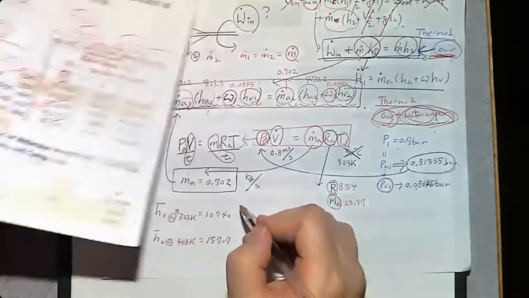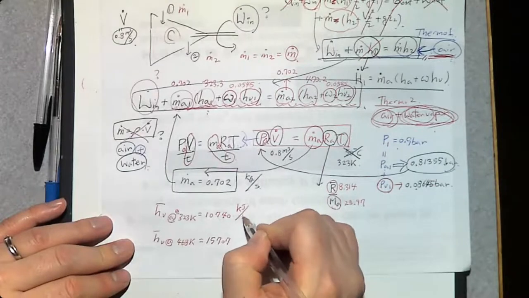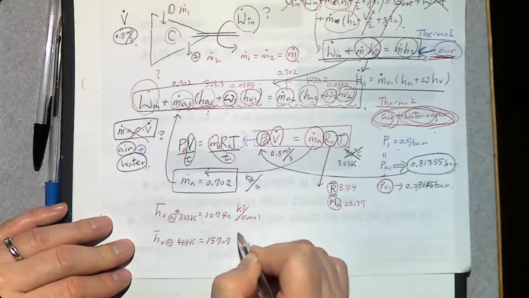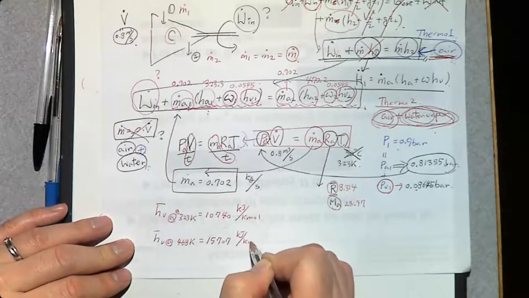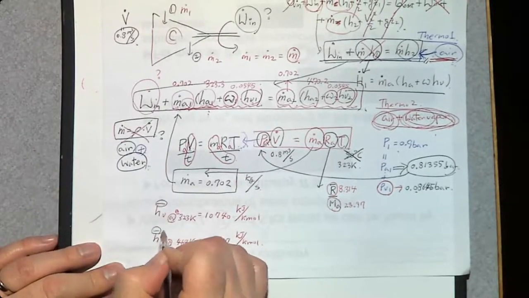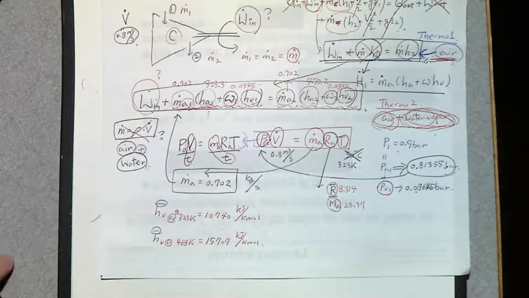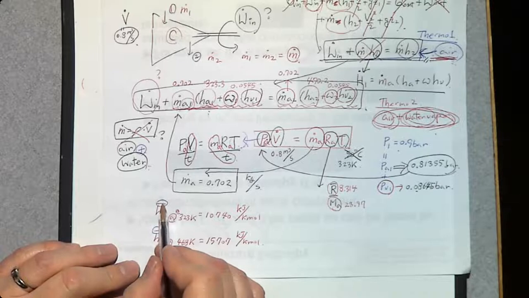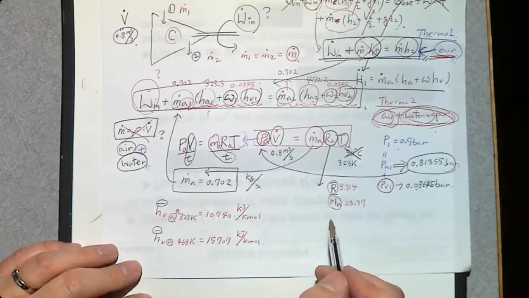Wait, why is it kilojoule per kilomole? Because this value is on a molar basis. You can see the bar on top of it. Then how can you convert this property on a molar basis to a property on a mass basis?